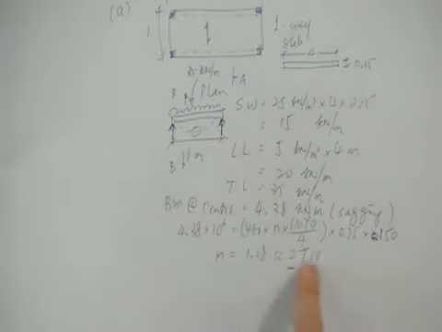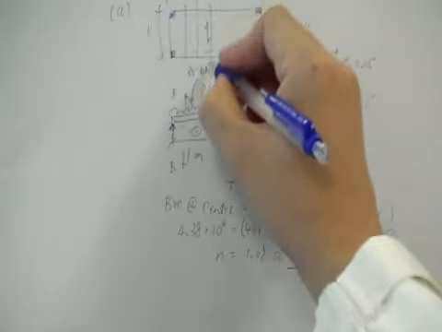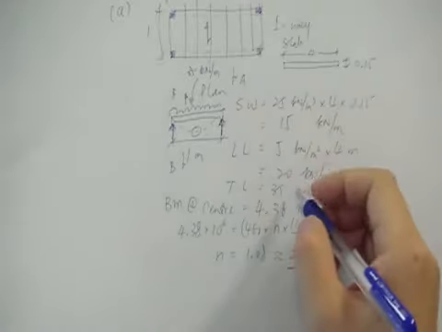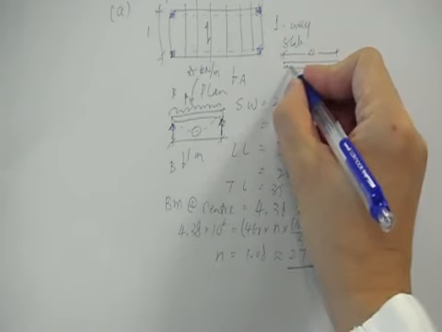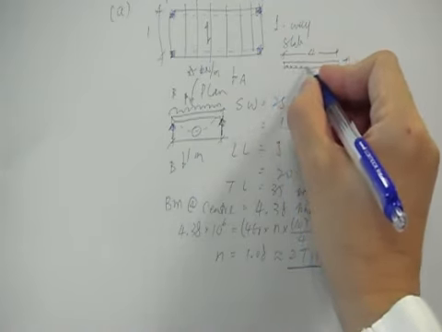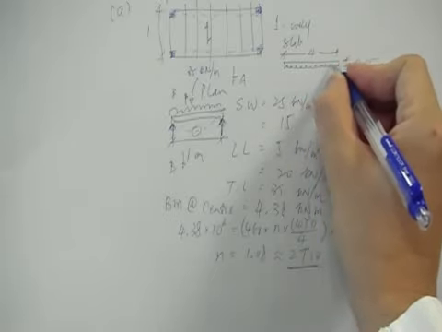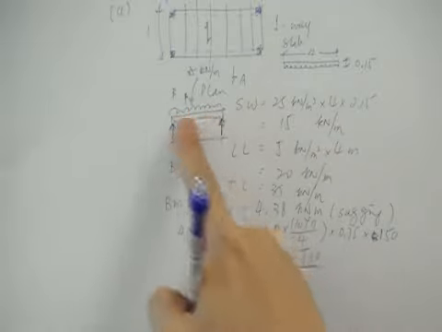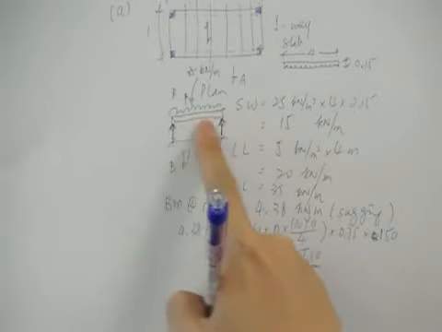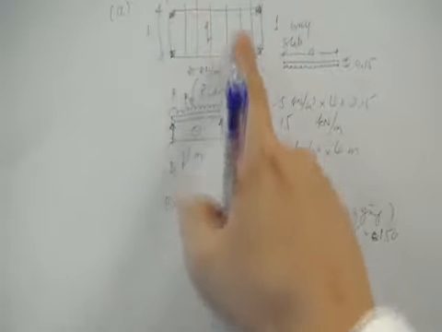And make sure you know that these reinforcements are arranged in this direction on plan, and in the cross section that should be placed close to the bottom of your slab, because this slab is under sagging, so the tension is at the bottom and it's bending in this direction, so the reinforcements are arranged in this shorter direction.